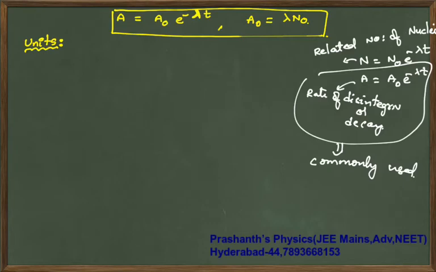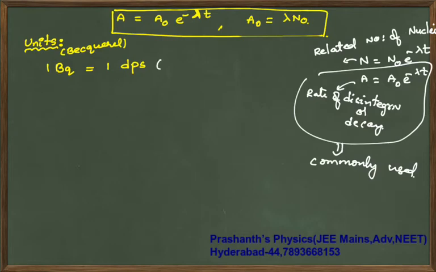So that is why I am giving units. Your activity unit, the first one, is the becquerel. 1 Bq represents becquerel. 1 becquerel is 1 dps, where dps implies disintegration per second.